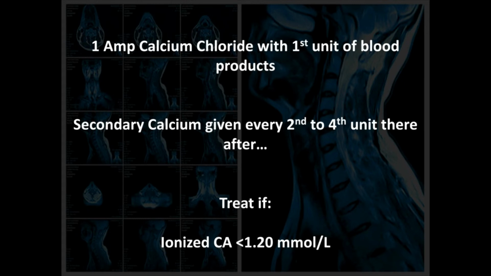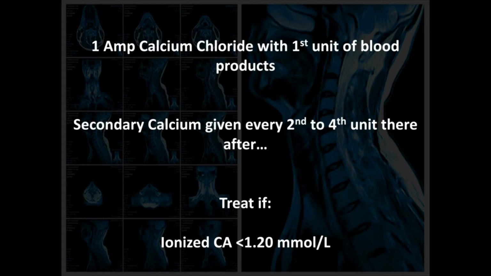Again, the opinions on when to give that second amp of calcium really vary. Some say after the second unit, some say after the fourth unit. Ultimately, your medical director needs to make the decision, and it's going to come down to how much time you have with your patient.